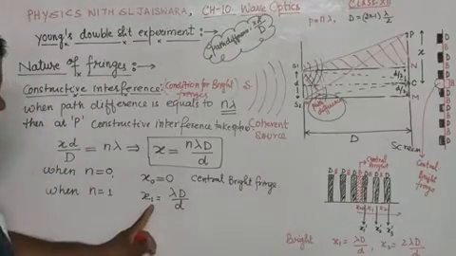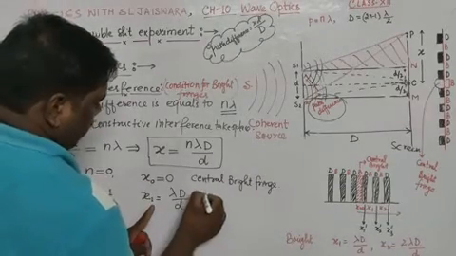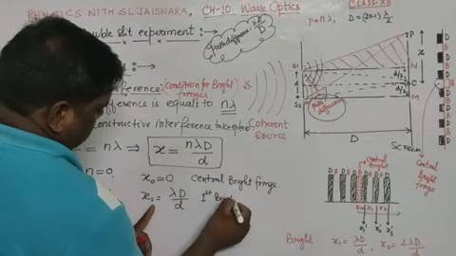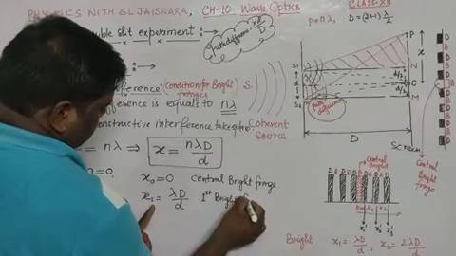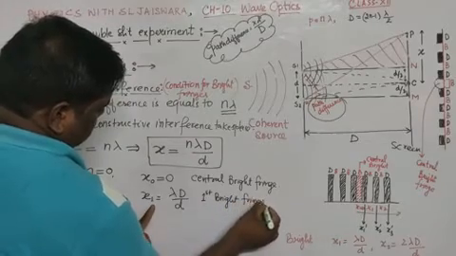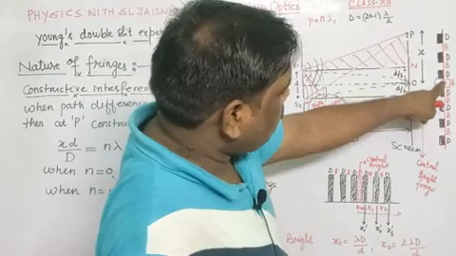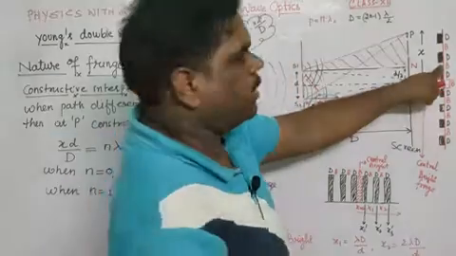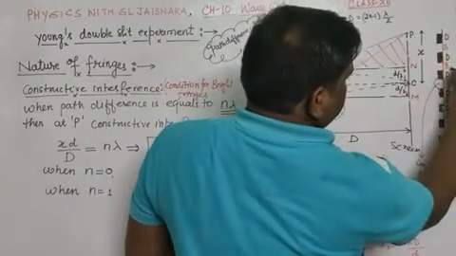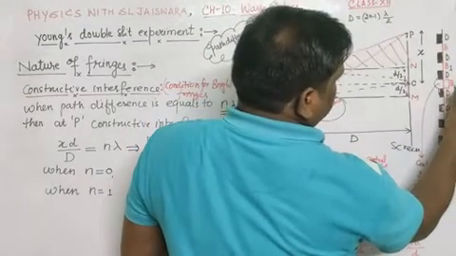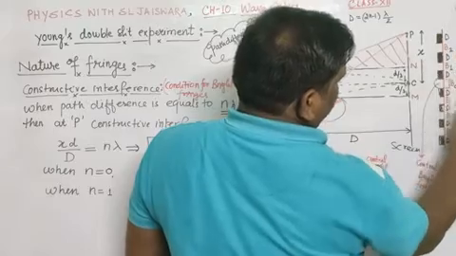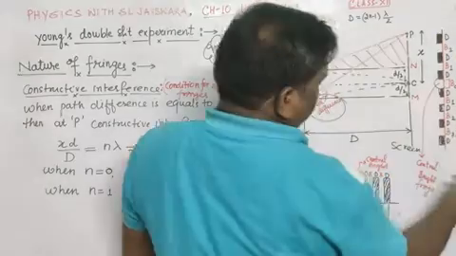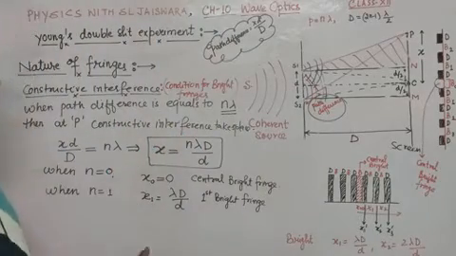This is the first bright fringe. Where it is central bright, then after dark, this is the first bright. This is B0, this is B1, this is B2, this is B3.